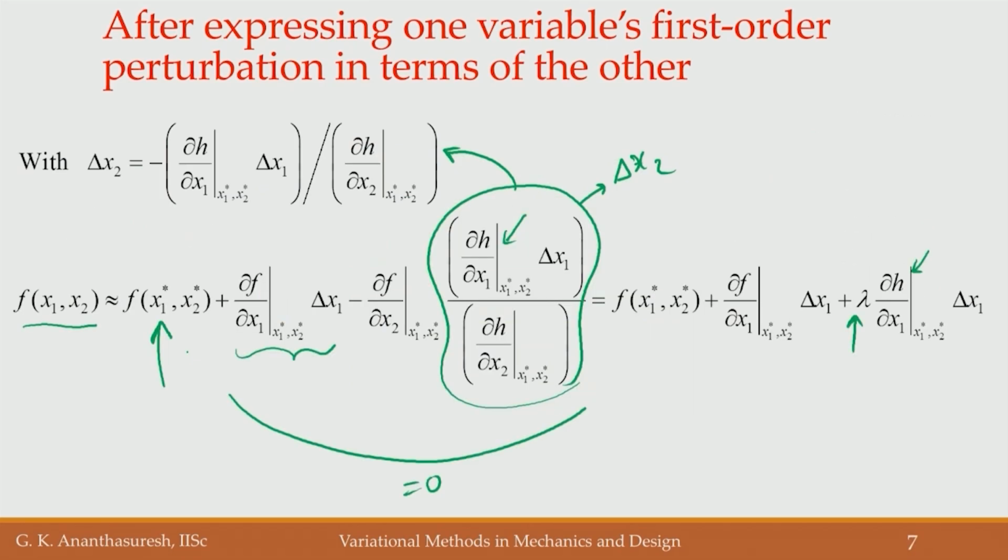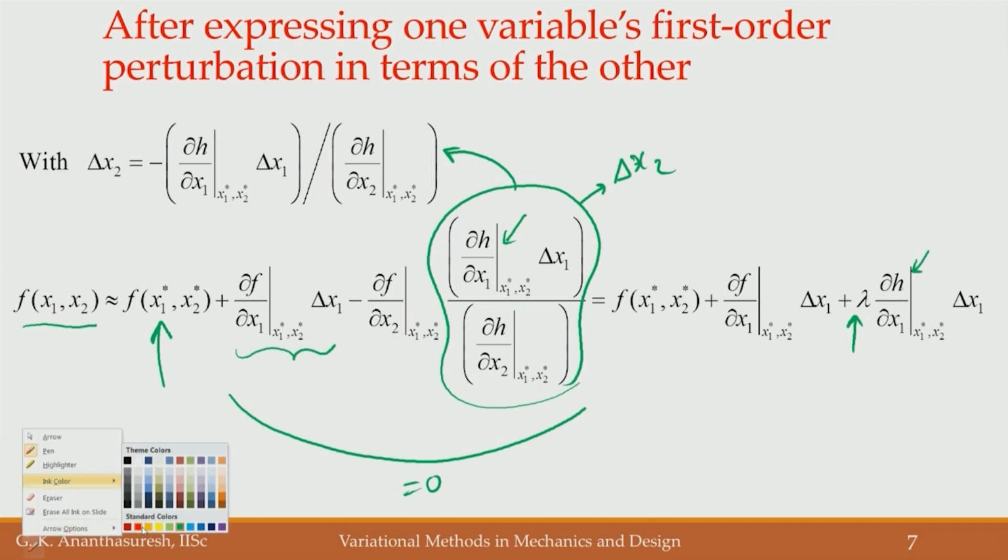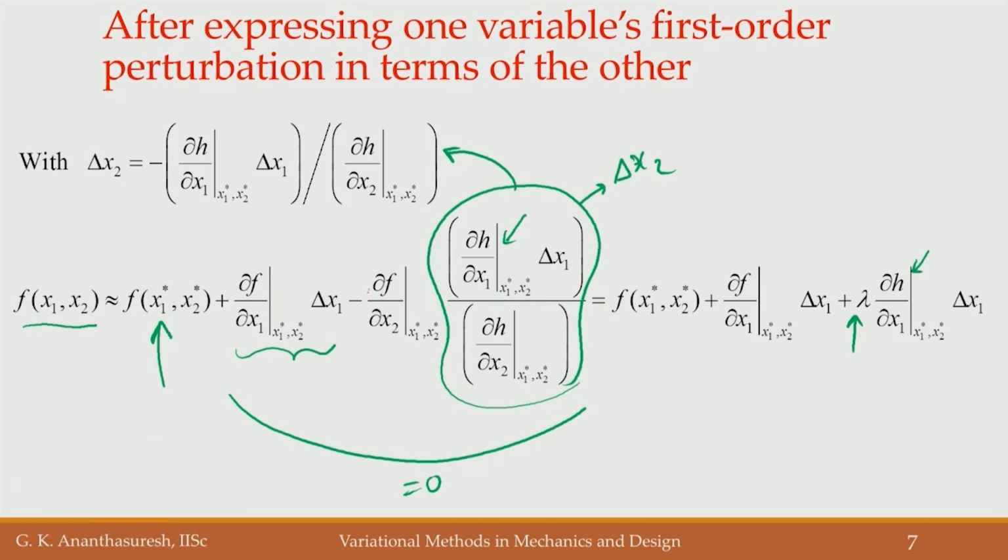Now, again go back, what we have defined, let me change the ink color, important, so I will put it in red. So, along with the negative sign, this whole thing is this lambda that we have. So, lambda is minus dou f by dou x2 divided by dou h by dou x2.